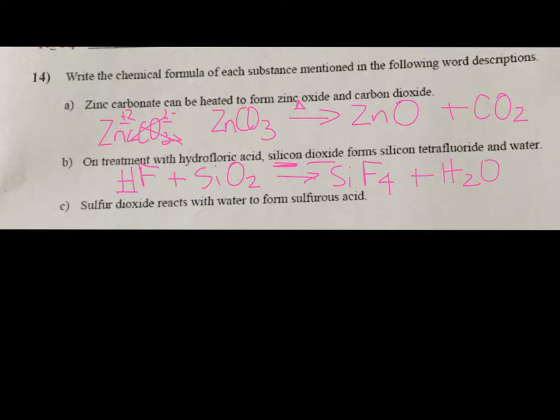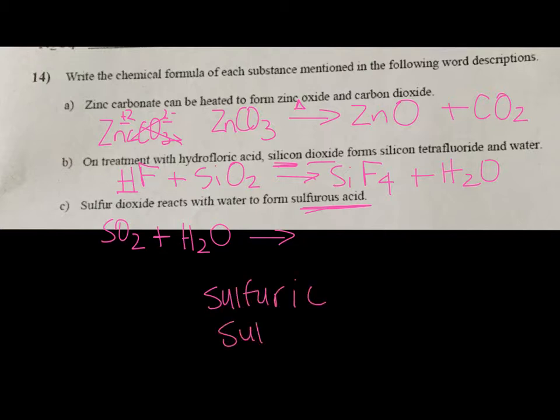All right, next one is sulfur dioxide reacts with water to form sulfurous acid. So sulfur dioxide, SO2, plus some water is going to react to form sulfurous acid. What we're about to go over on the next slide is how we name those. Basically you either have sulfuric or you have sulfurous.